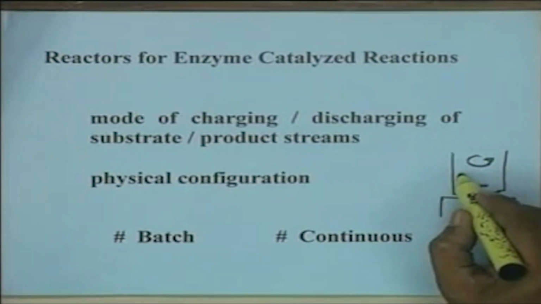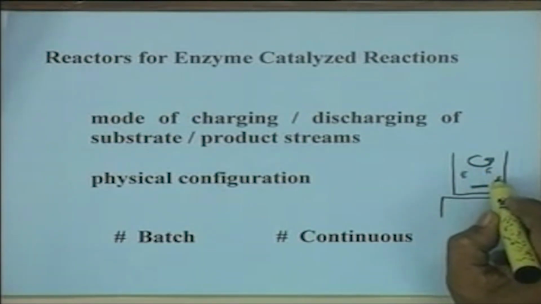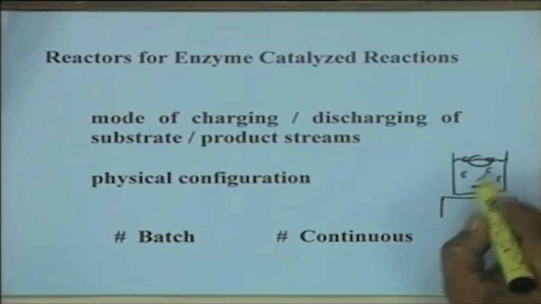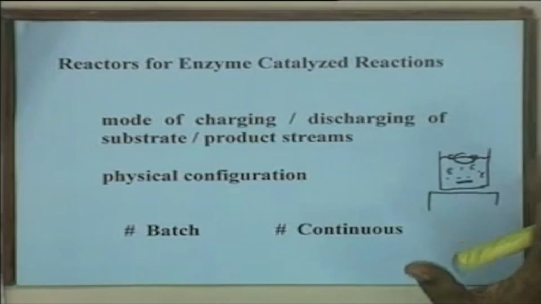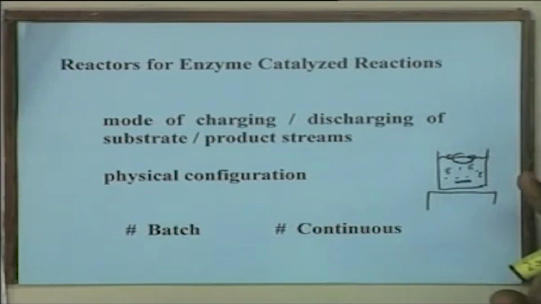Then you can add the enzyme particles into it, and the substrate can be fed to it, and of course you can control the pH and temperature of the reaction, and you can carry out the reaction in the laboratory.